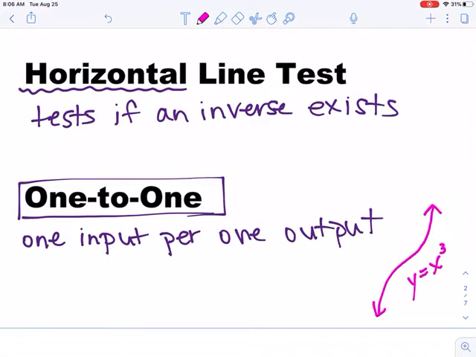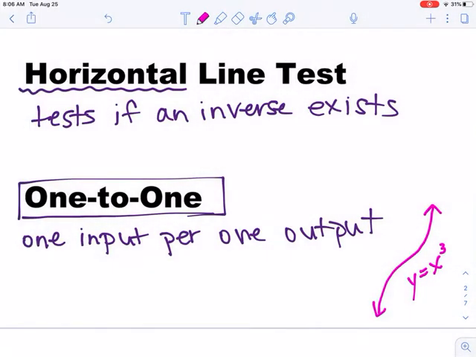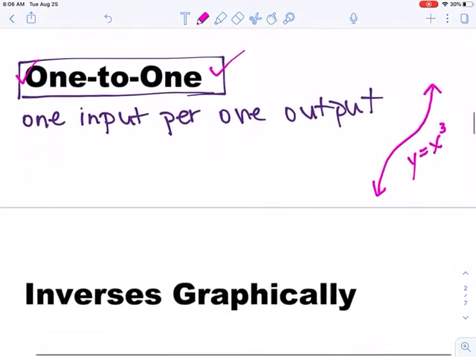A great example would be our parent function, y equals x cubed. It passes both vertical and horizontal line test, so we call it 1-to-1. Out of everything we talk about today, this 1-to-1 concept is probably the least of our concerns.